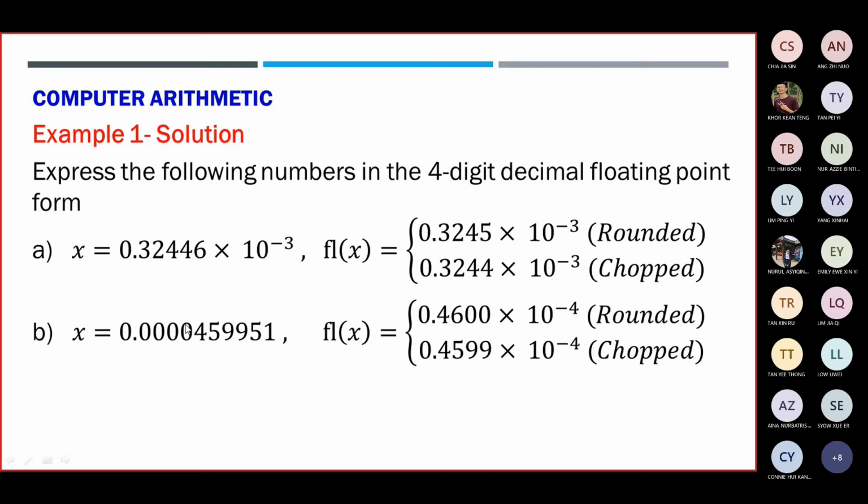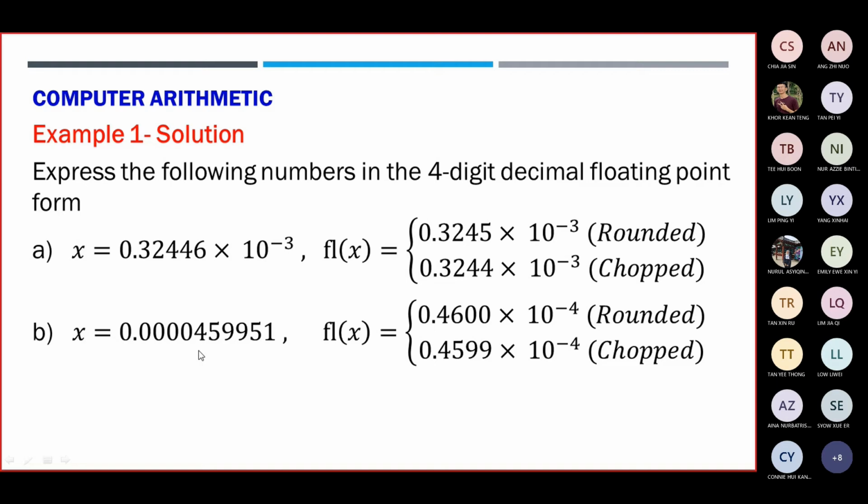First, you need to convert the original number into the NDFP form, which is 0.4599951 times 10 to the power of minus 4. Now only then do we attempt the rounding calculation. This is a 4-digit decimal point, so how many digits will it be?